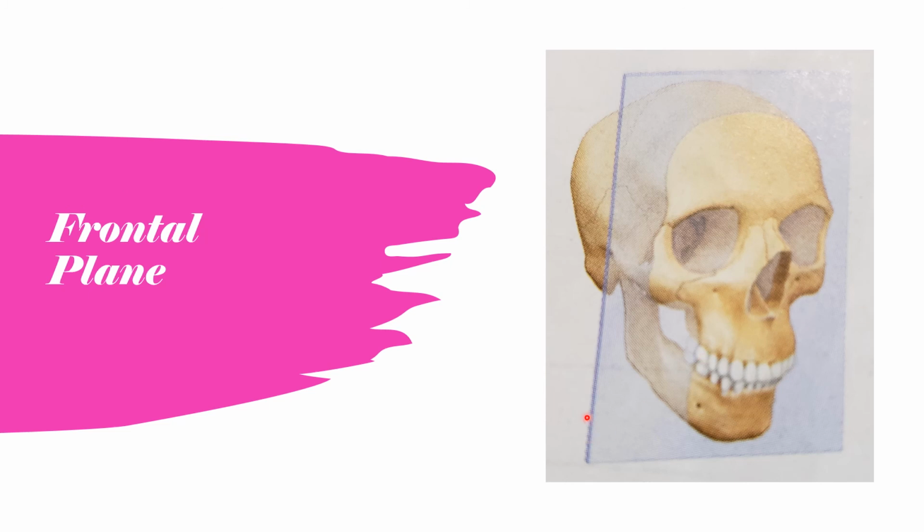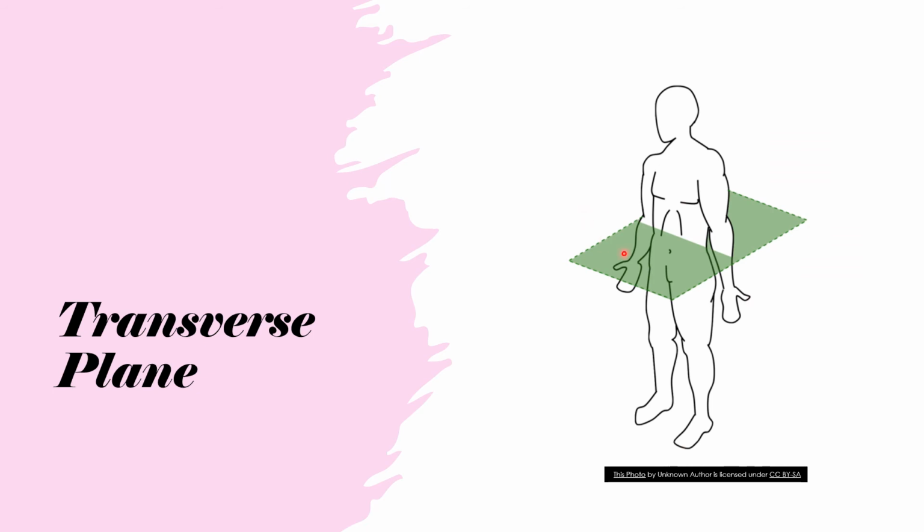The next is the frontal plane, which divides into an anterior and posterior portion. And then you have the transverse plane, which divides the body into a superior and inferior portion.